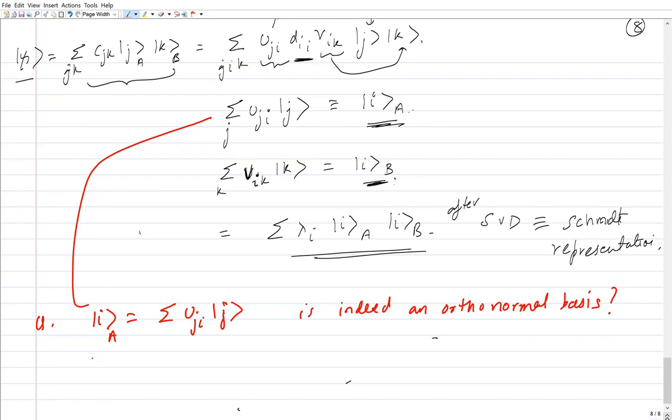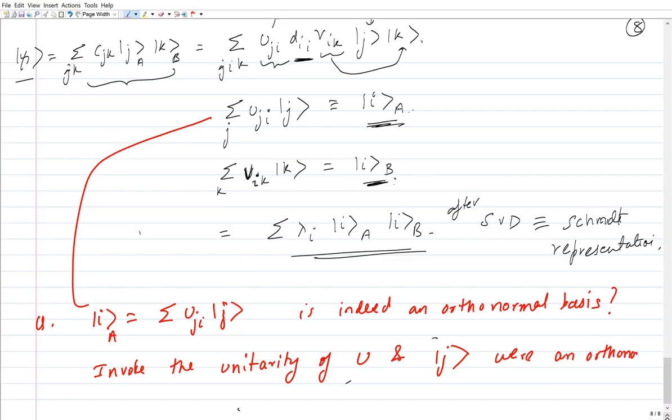How are you going to show it? Well, one way to do it is to invoke the unitarity of U, since U is a unitary matrix, and of course that the j's over here were an orthonormal basis to start with.